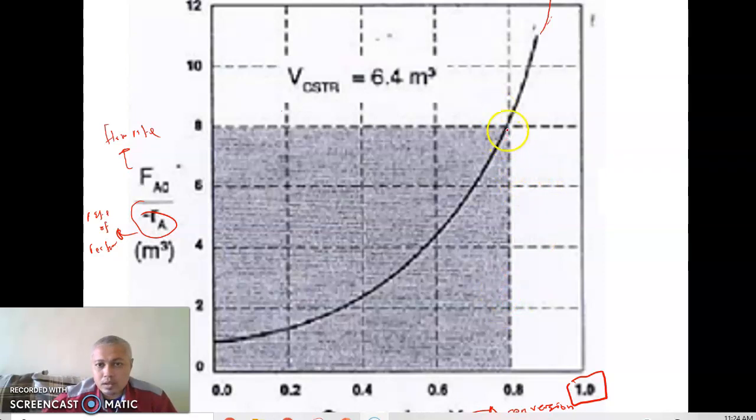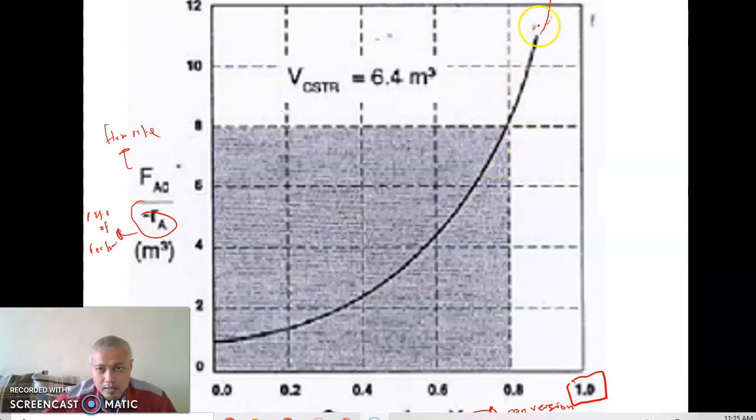Because if the curve goes up, it means the reactants become lesser and lesser, right? If we don't have enough reactant, the rate of reaction will approach 0. And then why do we say the volume of the reactor approaches infinity?